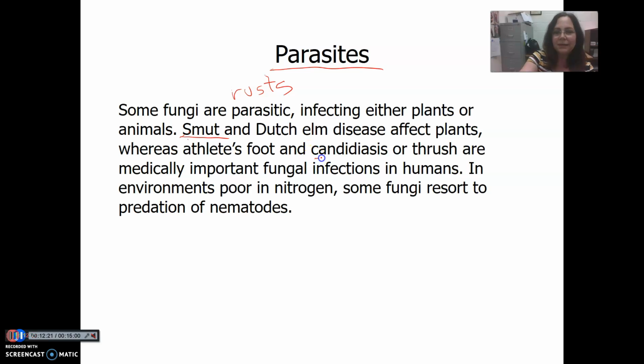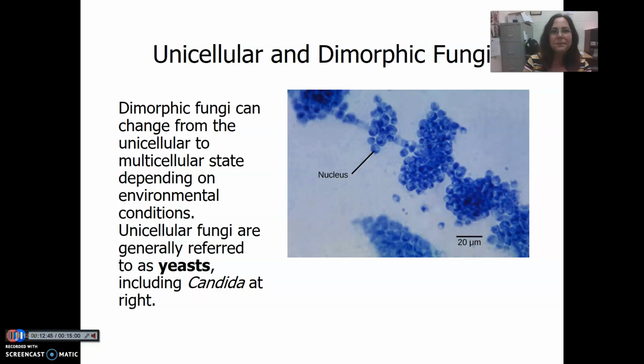That's a fungus called Candida, or the condition thrush is candidiasis, and some fungi can infect nematodes, which are roundworms. Roundworms cause infections in plants and also our pets, like heartworms and pinworms and hookworms.